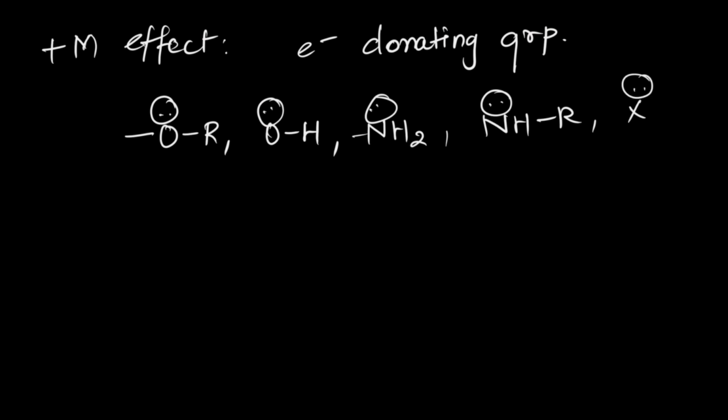Halogens, of course. So the halogens can donate the electrons. Here what can happen? For example, if I am taking CH2 double bond CHCl, Cl is having a lone pair which will be given up to the bond formation.